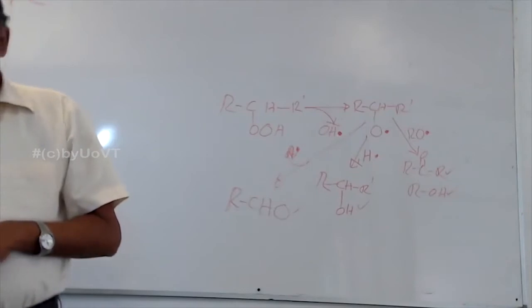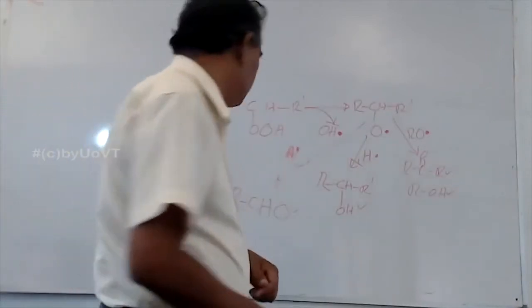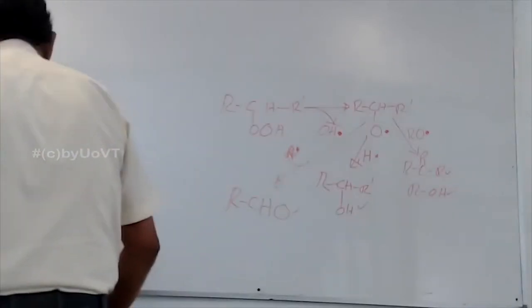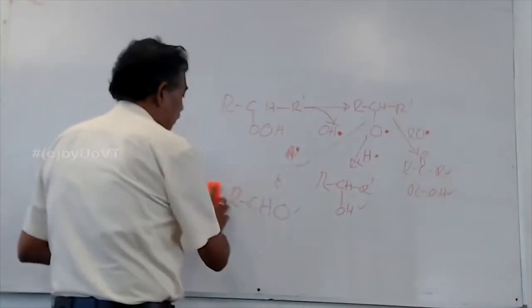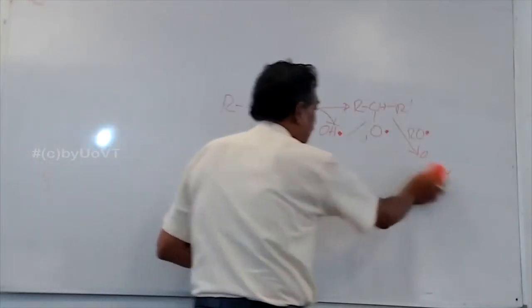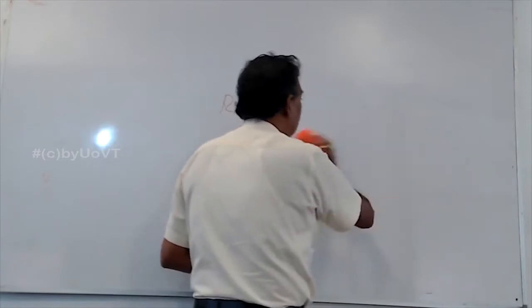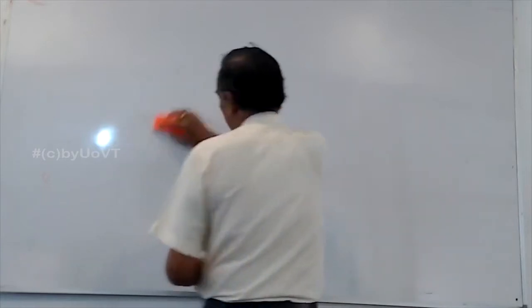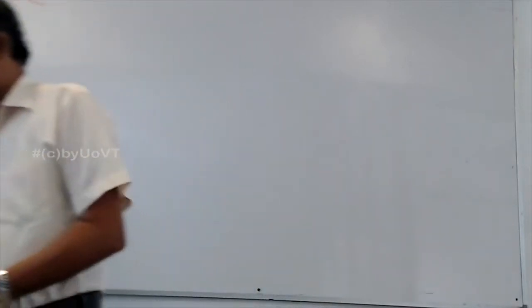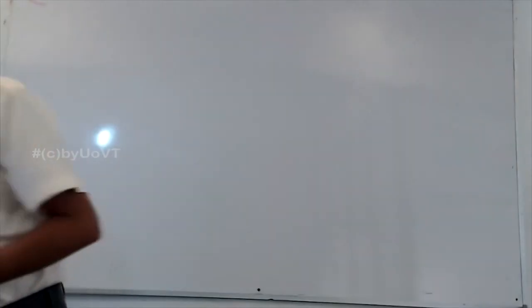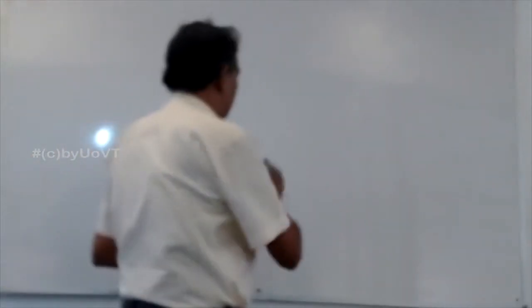Then we will think about the next type of oxidation, that is photo-oxidation. Photo-oxidation actually starts due to photoenergy.